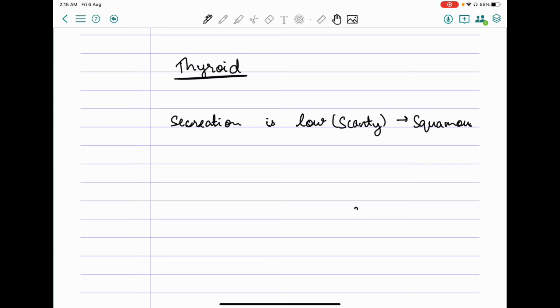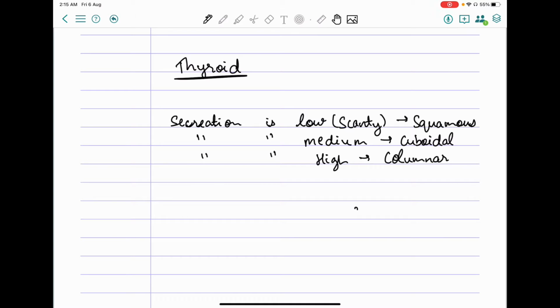When secretion is medium, then it is cuboidal. And when the secretion is high, then it is columnar.